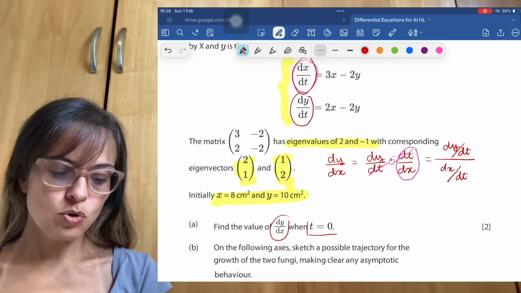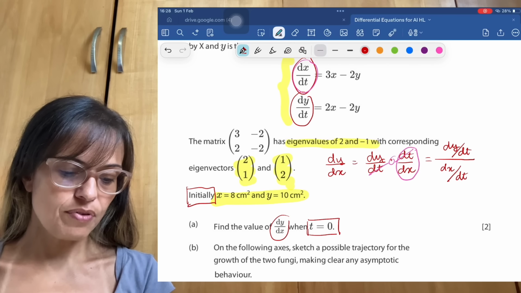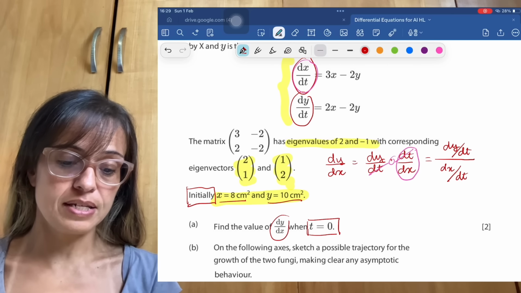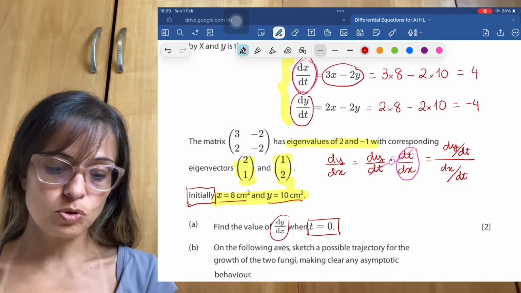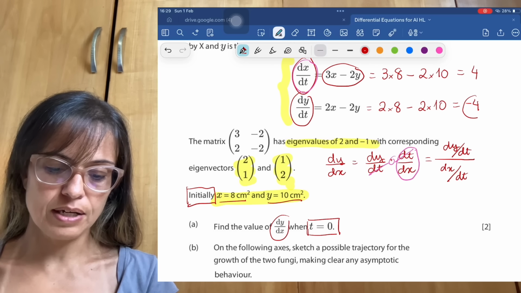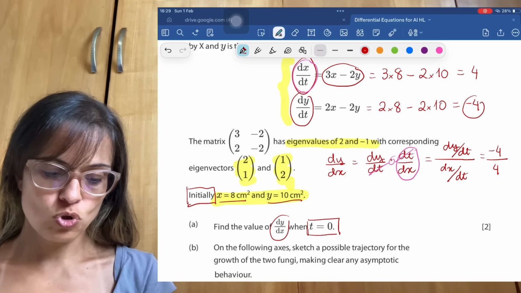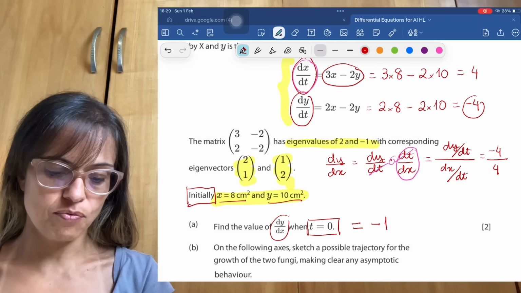When t equals 0, which means initially, we have x is 8 and y is 10. So let's take the 8 and the 10 and plug them in here. So now we have the values that we need. dy dt is -4 and dx dt is 4. So the thing that he was asking for is just -1.